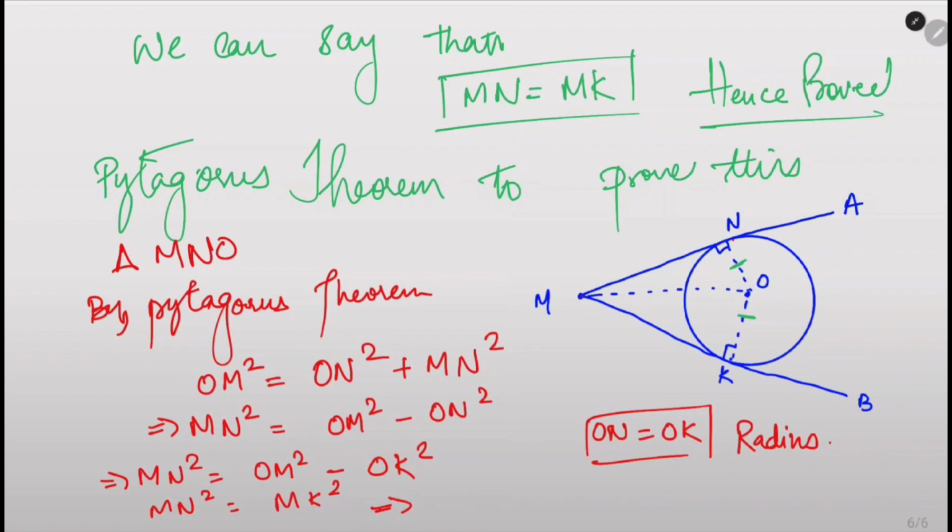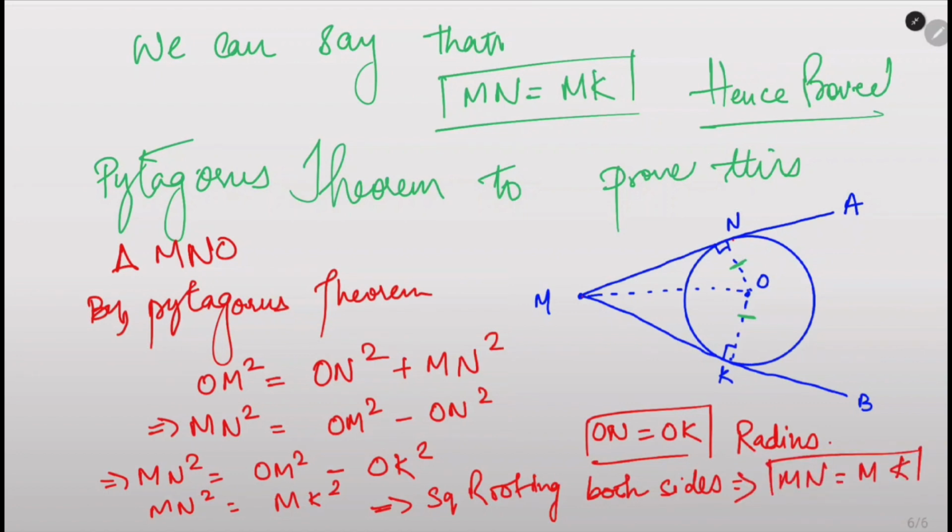So if you take square root on both sides, we get MN is equal to MK, what we need to prove. So this is the way we can prove. There's another way to prove this theorem, whichever you like.